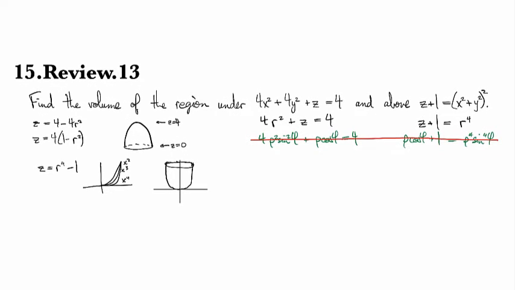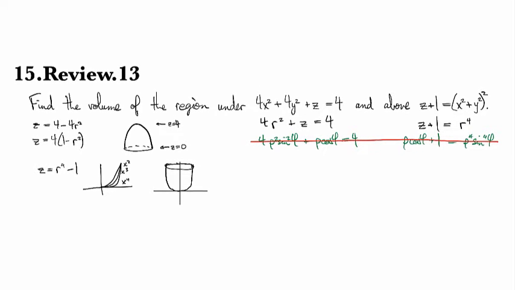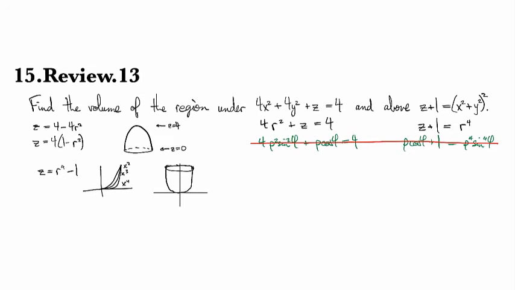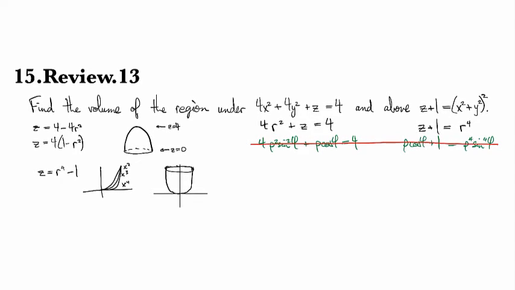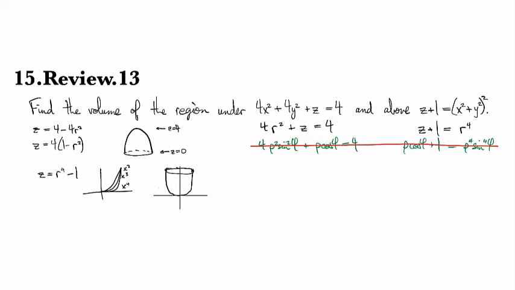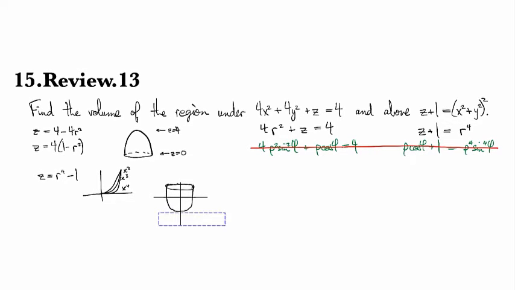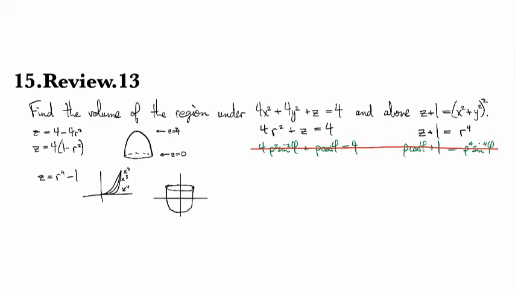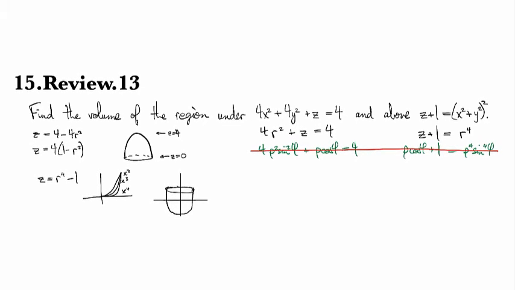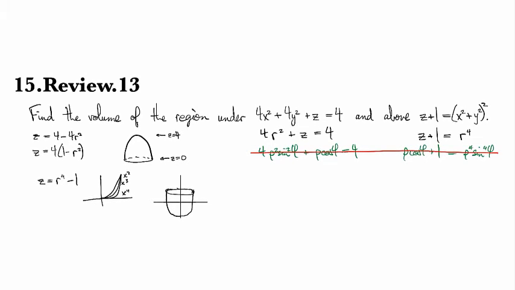And where do they intersect? Well, let's see. I guess, just by staring at it, I realized what I just did. I drew this at the wrong height. It's actually down here because of the minus 1 part. Aha, okay. And I was just noticing when I stared at it that both equations have z equal to 0 when r is equal to 1.